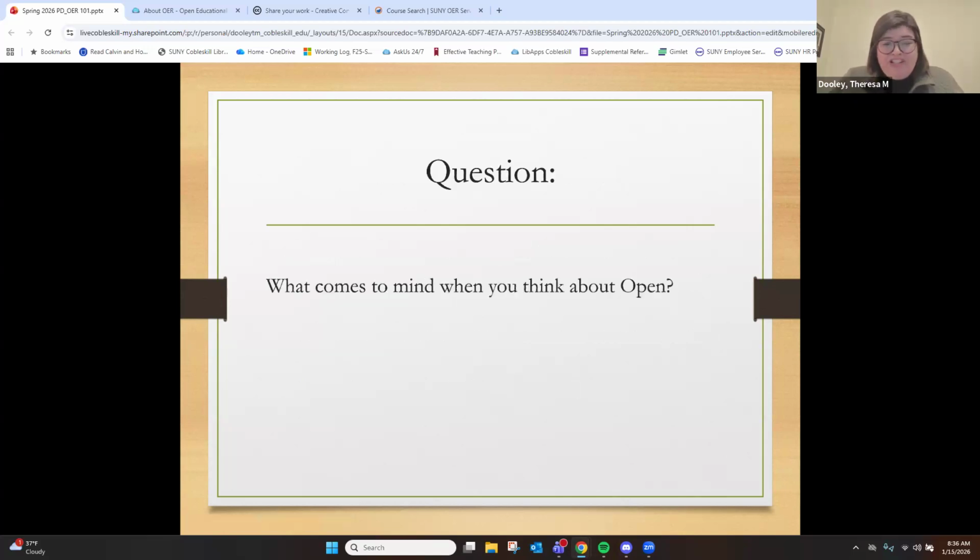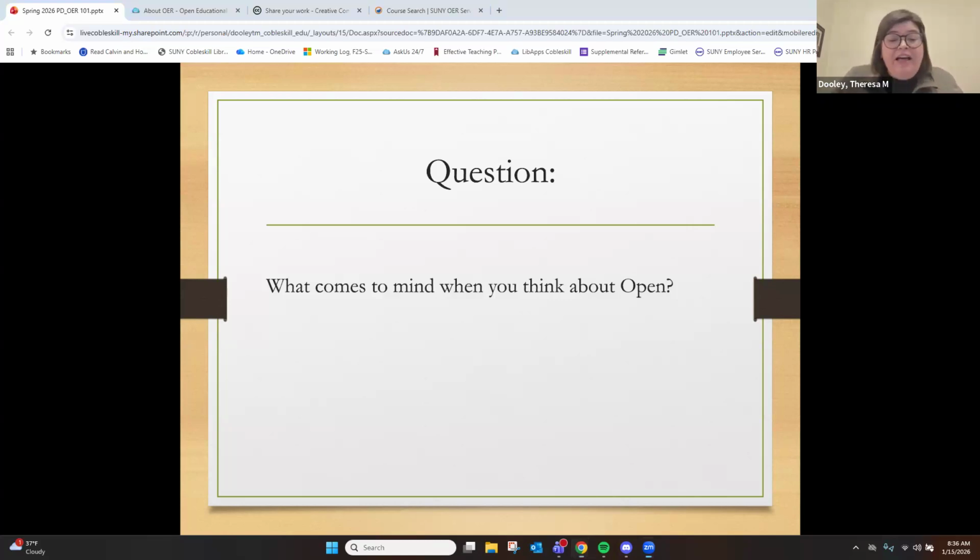So I'm going to open the floor for just a second, and I know it's early, so bear with me. I'm wondering if anyone here has familiarity with open, and what comes to mind when you think about open. In whatever context you're familiar, if you've heard of open access, open source technologies, open publishing, what comes to mind?